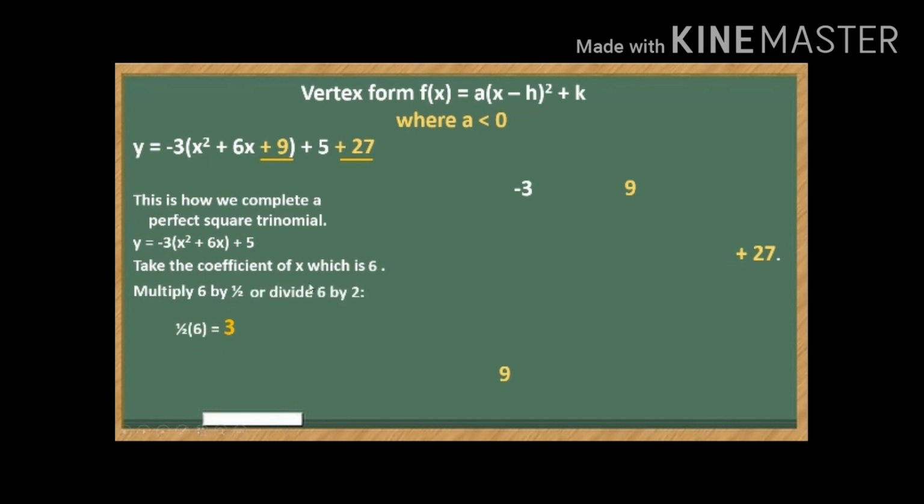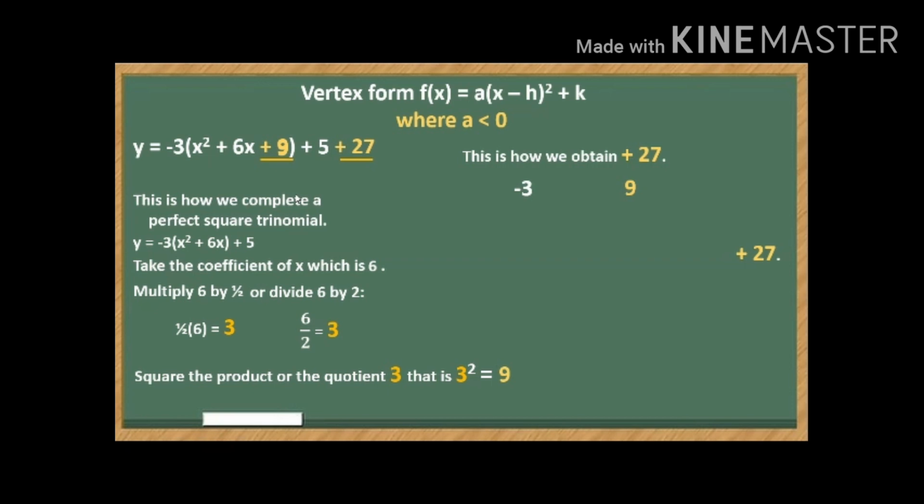Or you can do division. We divide 6 by 2, and the quotient is 3. So the product and the quotient are the same, 3. Then we are going to square that. We're going to square 3, so 3 squared equals 9. That's why we have 9 here.